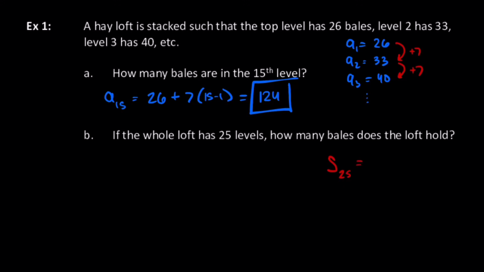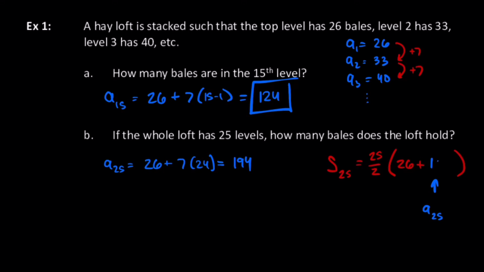Well, my sum formula I know is n divided by 2, so that'll be 25 divided by 2, times a sub 1, or the first number, 26, plus, well, what I need to find here is a sub 25, because there's 25 levels. So over on the side, let's find a sub 25. That's going to be 26 plus 7 times 24. And if I throw that into the calculator, that gives me 194. And that just goes here.